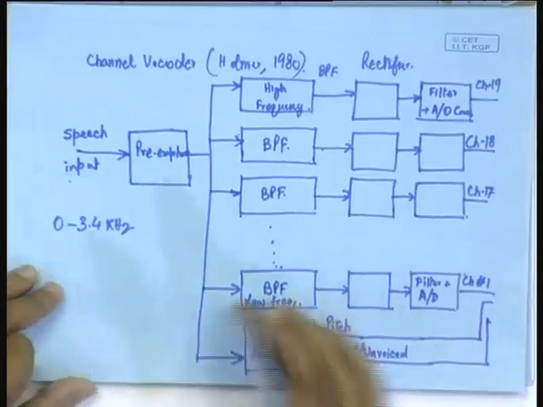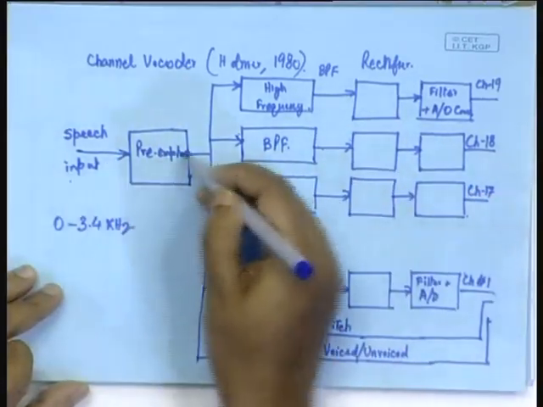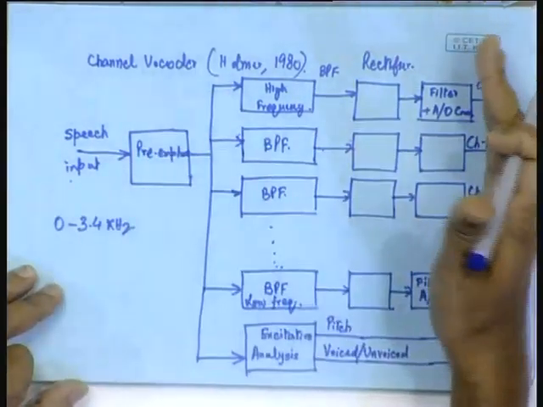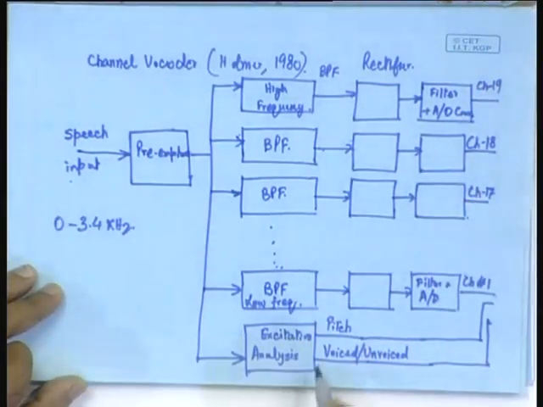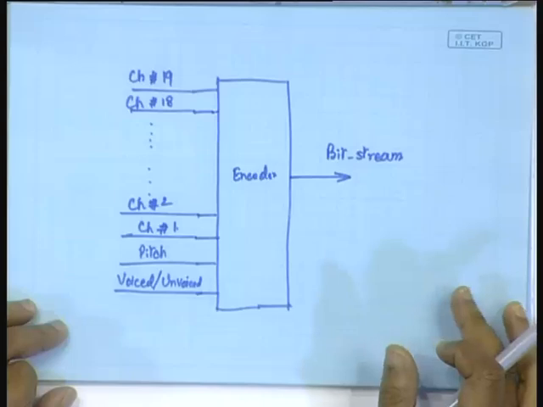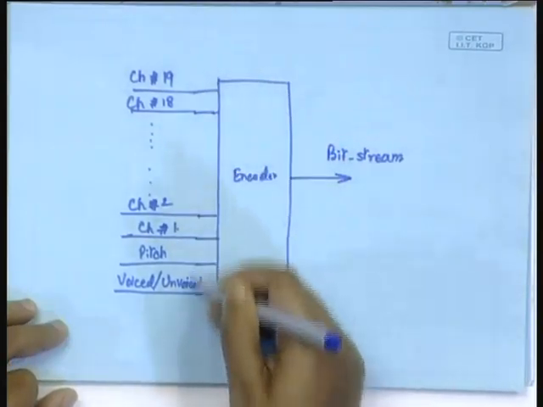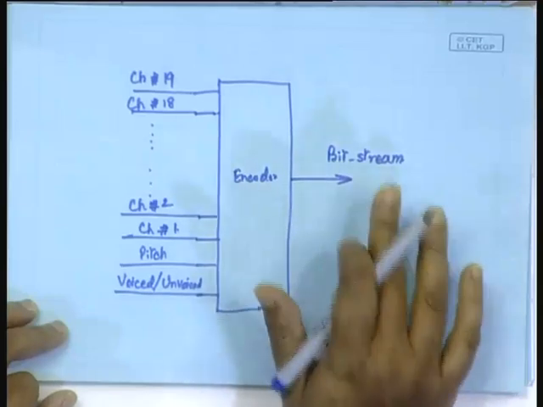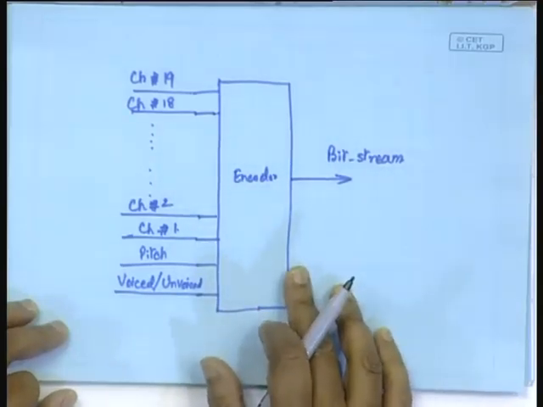So, what we have here, that is to say speech followed by this bank of filters, is a kind of analysis filtering, and then the pitch extraction, which also is essential because it forms an integral part of the analysis system. And for the proper synthesis of speech, what we have to do is to extract all these individual items out of the bit stream that is generated from the encoder.